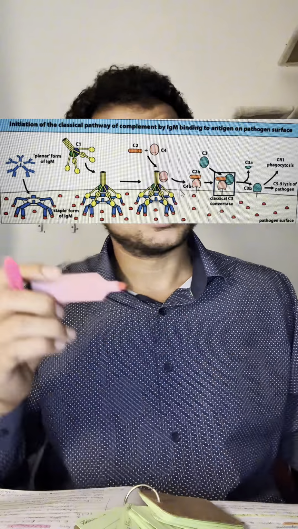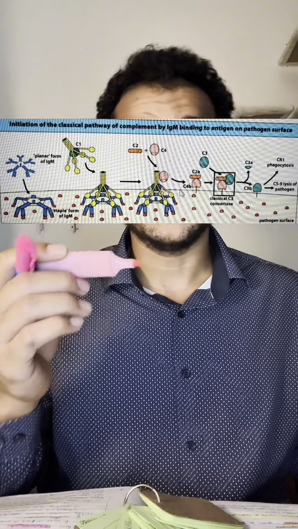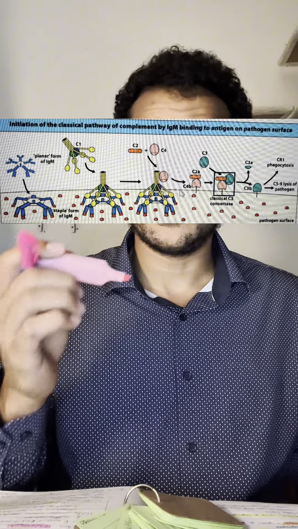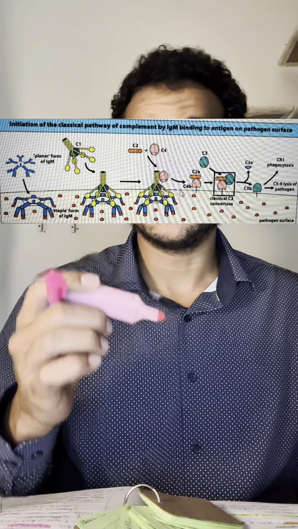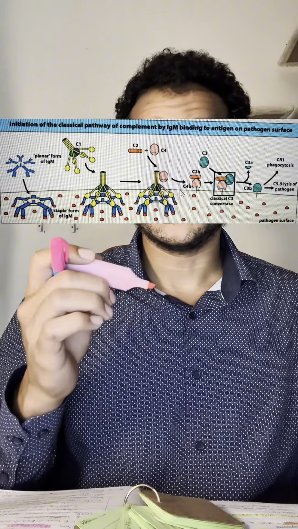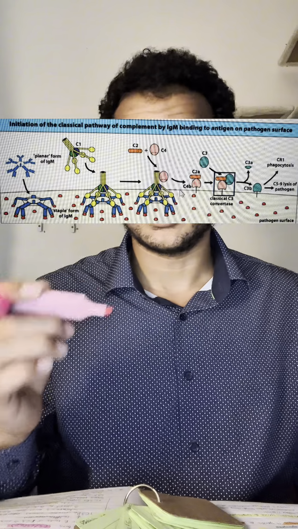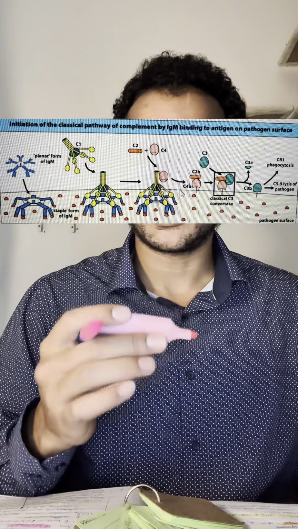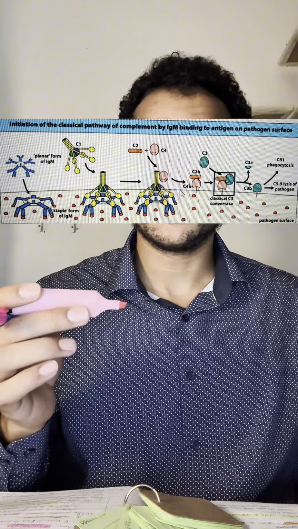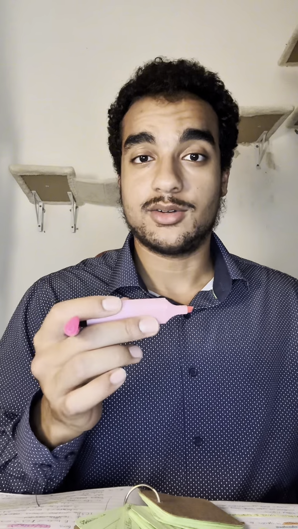Its function is to mediate CR1 phagocytosis and the membrane attack complex using complement protein C5b through C9. I'll explain the membrane attack complex a little bit later, but now let's go over the alternative pathway.